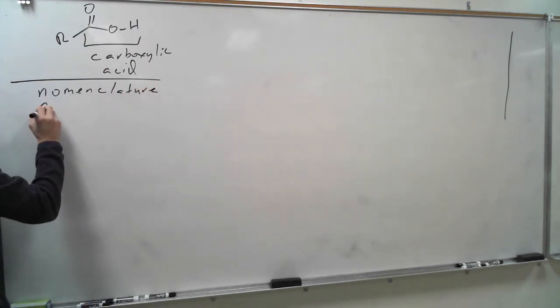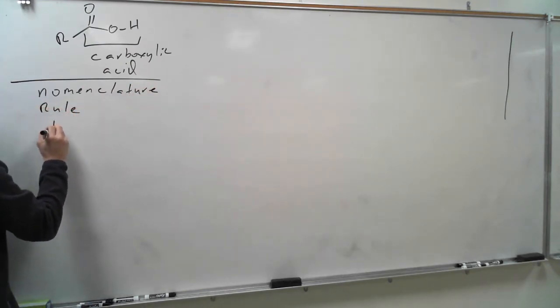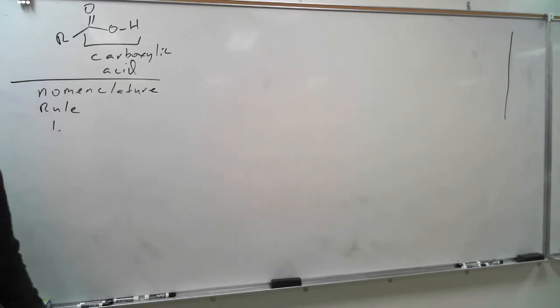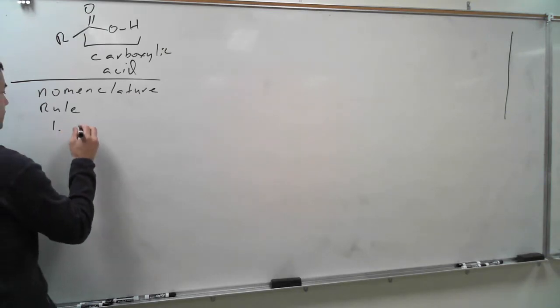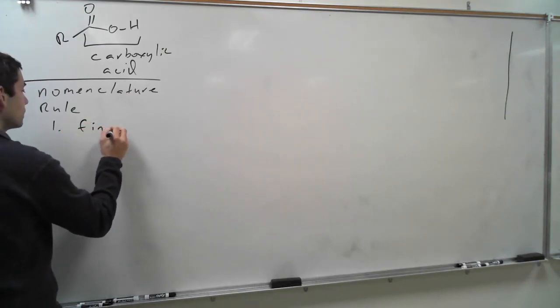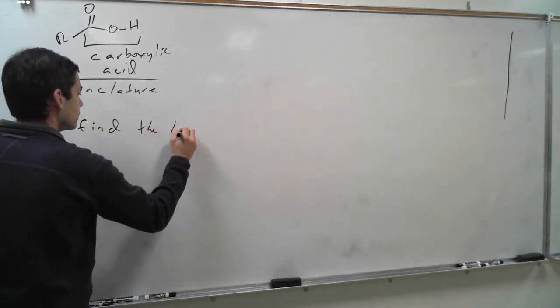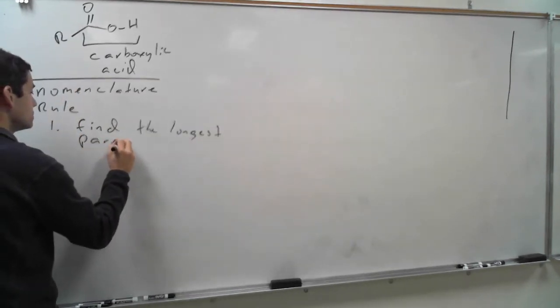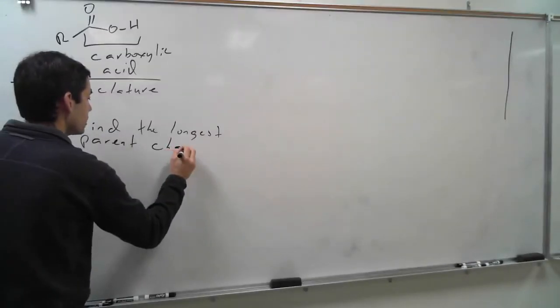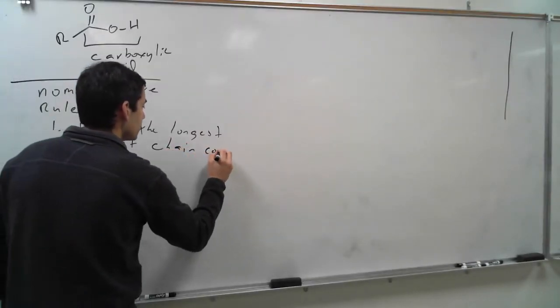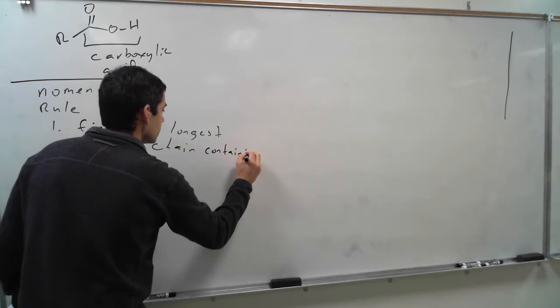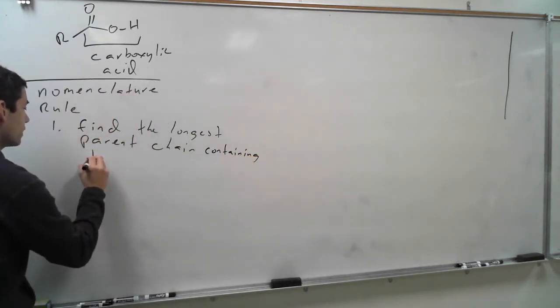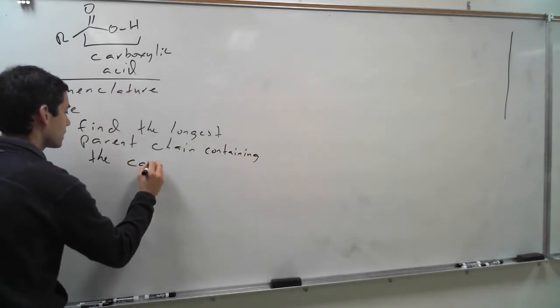In nomenclature, we'll have our rules as we've had for every other molecule that we've worked with in terms of how we can name carboxylic acids, right? Our first rule is that we need to, again, find that longest parent chain, and the longest parent chain containing the carboxylic acid.